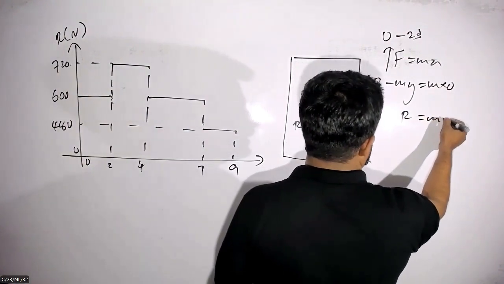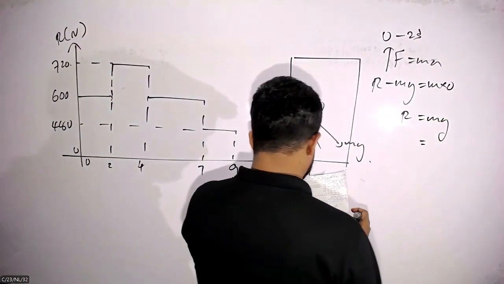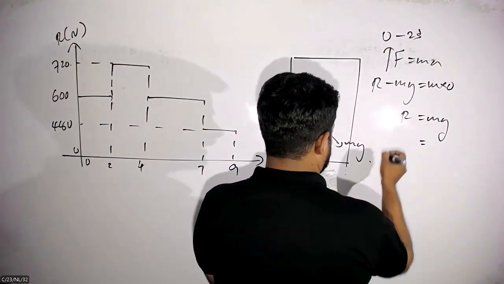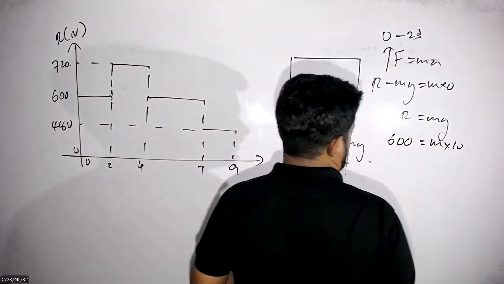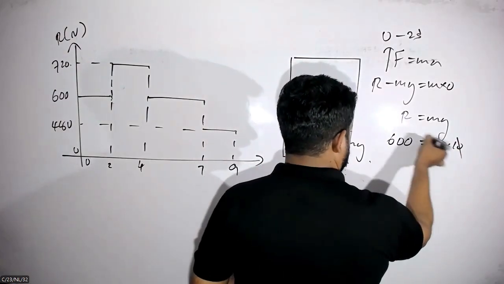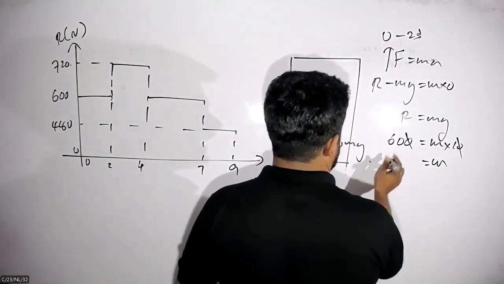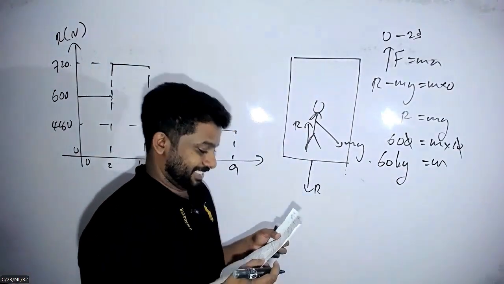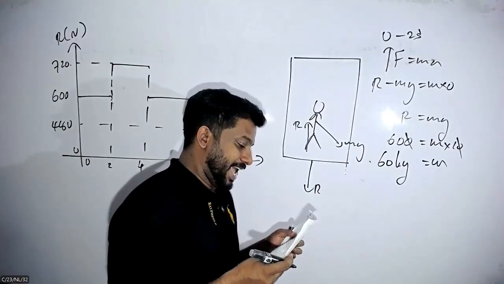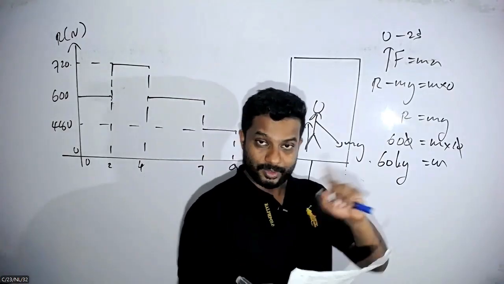R is equal to mg. Normal reaction is given. During the first 2 seconds, normal reaction is 600 Newton, m, acceleration 10. Then you can identify the mass of the man. It is equal to 60 kilogram. Right? Then you can find acceleration during the next 2 seconds.